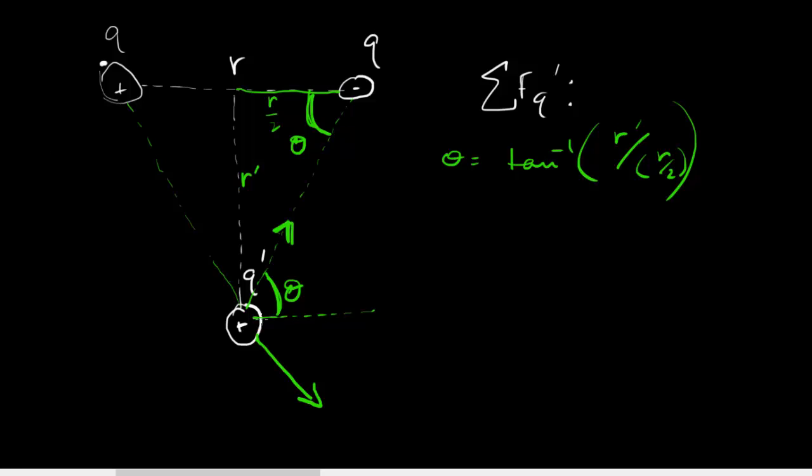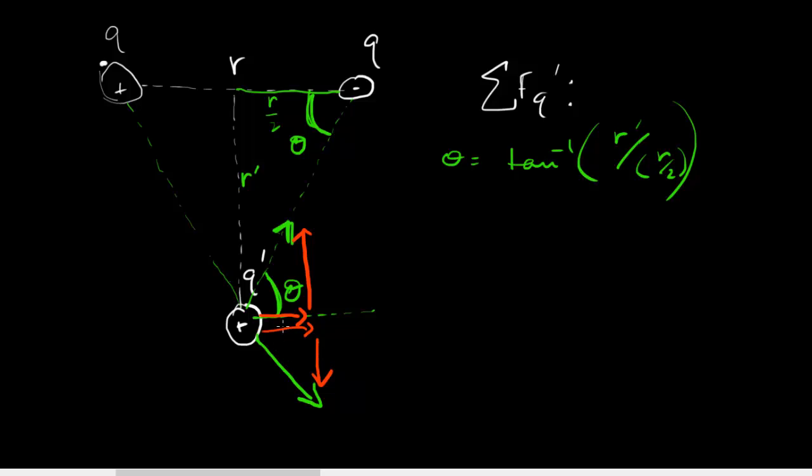Now what about the direction of the components? The direction of the components of this force: the x component is going to be here, and the y component is going to be here. And the direction of the components for this force: the x component is here, and the y component is here.